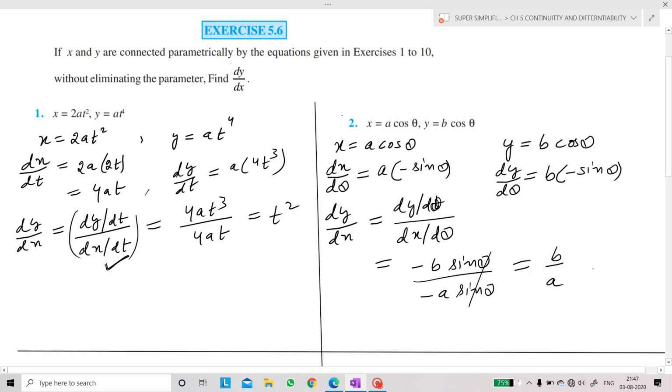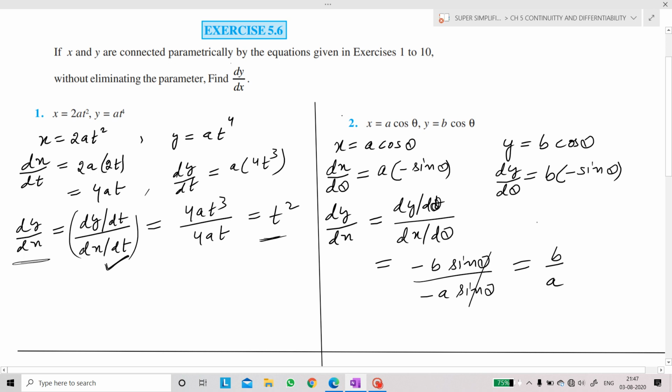Now you can see that dy by dx will be neither in terms of x nor in terms of y. It will be either a constant or it will be in terms of the parameter theta. Here you can check that in the first question you got dy by dx in terms of the parameter t. In the first question the parameter is t. x is in terms of t, y is in terms of t, and you differentiated both and got the answer in terms of t.